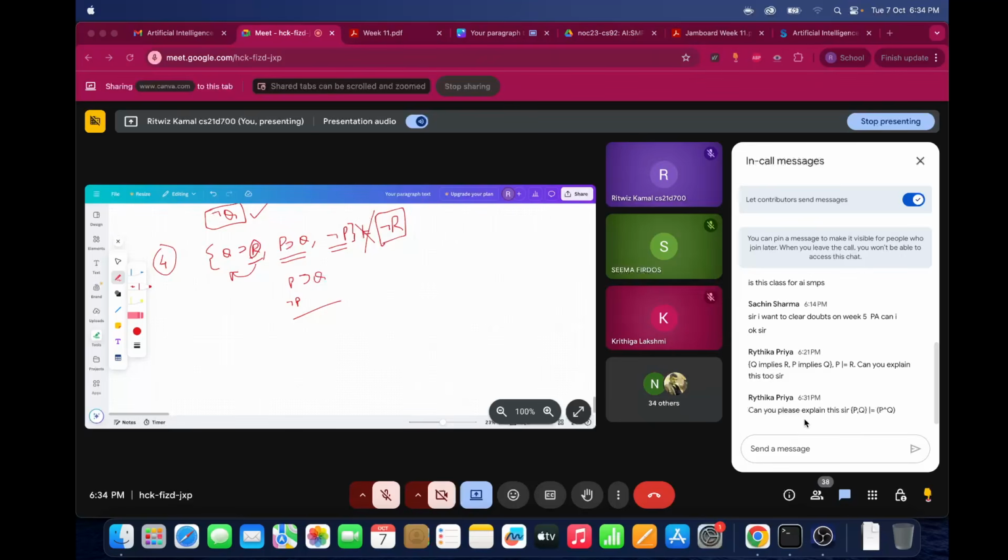Yeah. Okay, so how many times does rule A find a mention here in the whole search tree?